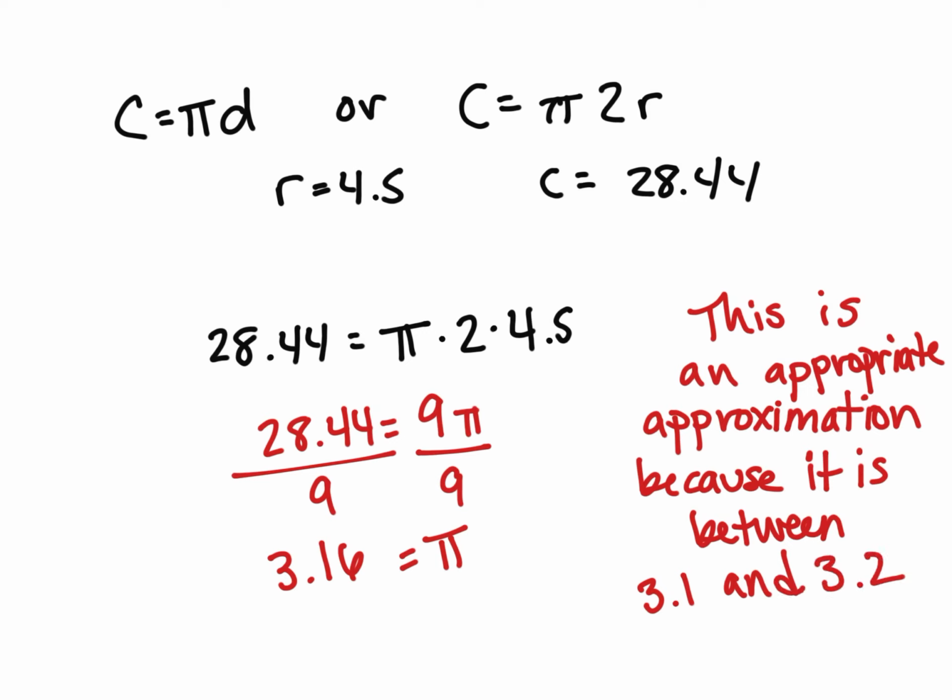We typically use 3.14, which is just a little under 3.16. You might say this is not close enough, but you can choose either one as long as you give a justification for why.